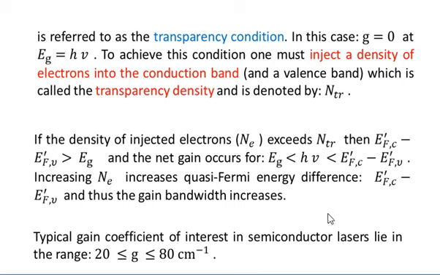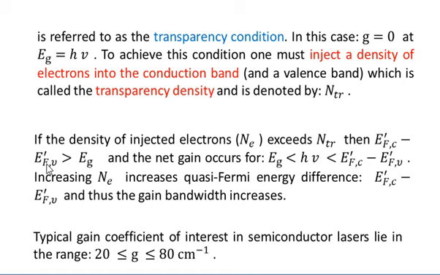Now if the density of injected electrons Ne is more than NTR, what will happen? EFc prime minus EFv prime, that is the difference between the two quasi-Fermi levels, will become greater than Eg. That is, EFc prime will now move into the conduction band, and EFv prime will move inside the valence band.